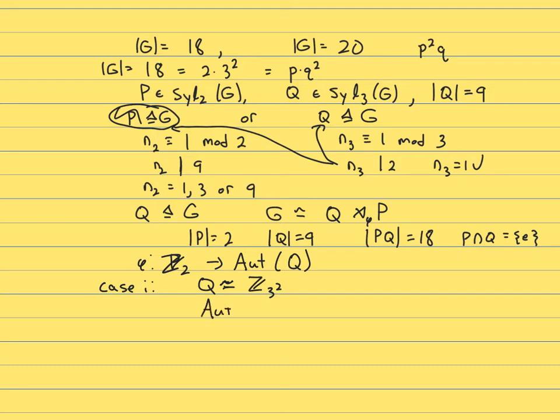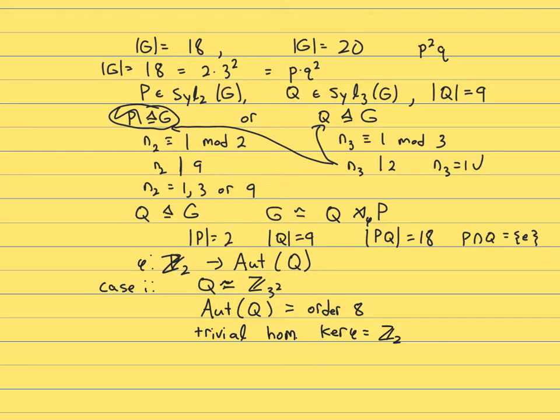Now what is Aut Q going to be? It's going to have to be order 6. It's going to have a unique element of order 2. So, of course, there's two possible homomorphisms. The one is going to be the trivial homomorphism, where the kernel of phi is all of Z2.